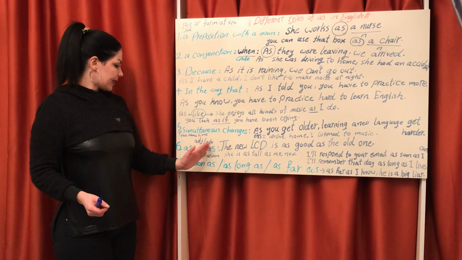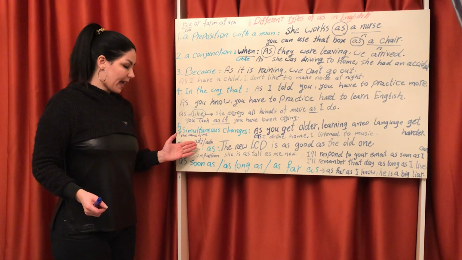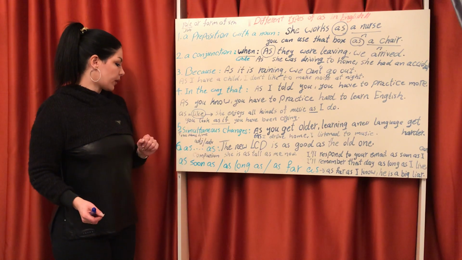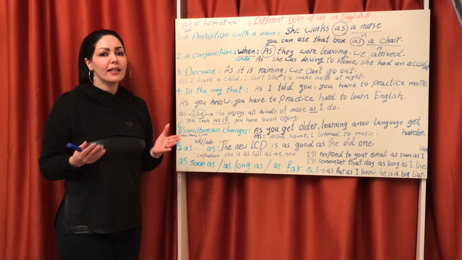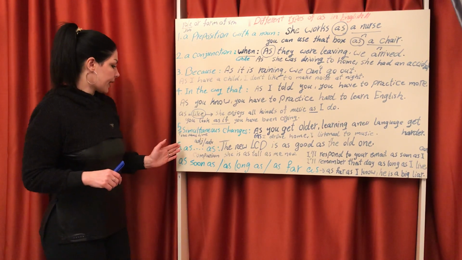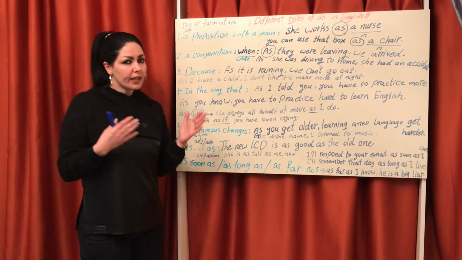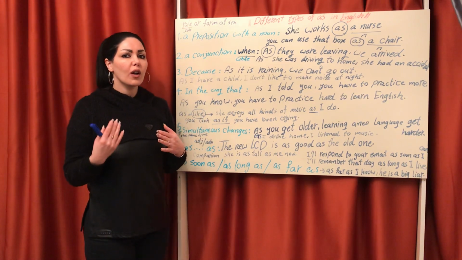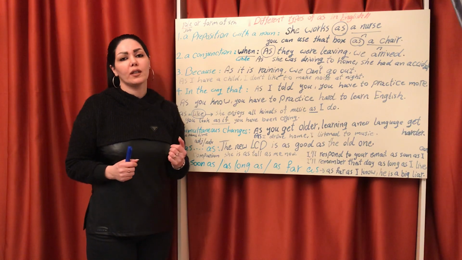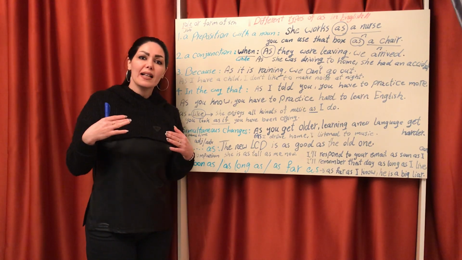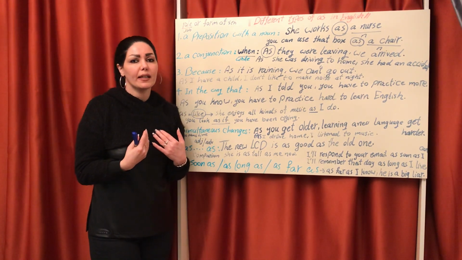Between as, we can use adjective or adverb for comparing something. For example, I said that she is as tall as me now. She is as tall as me.